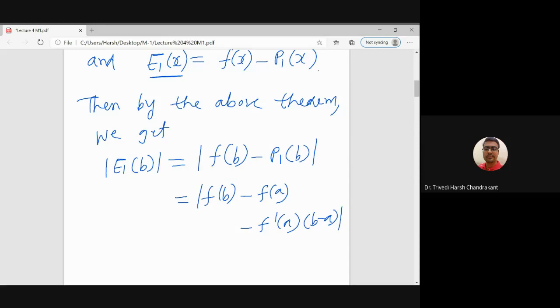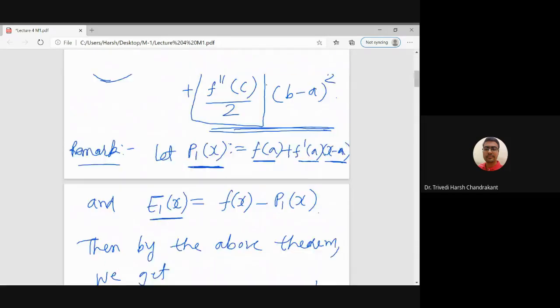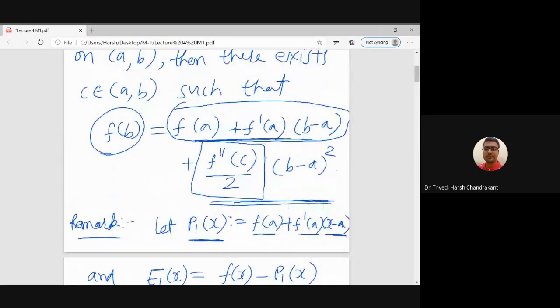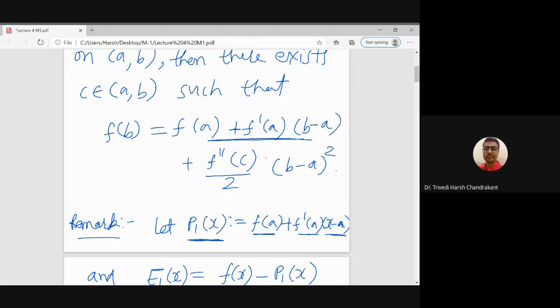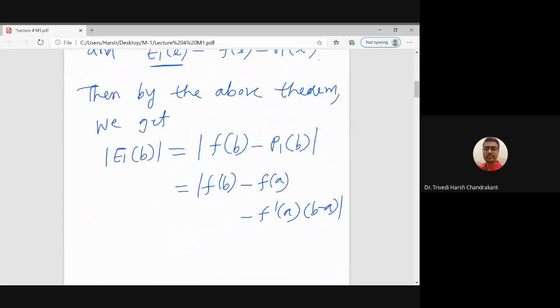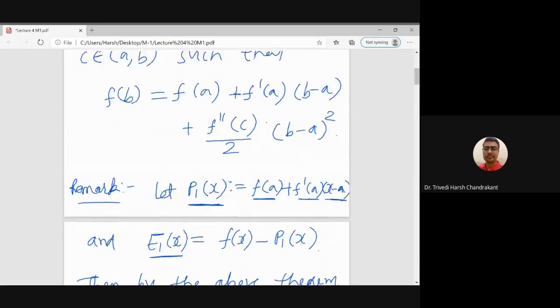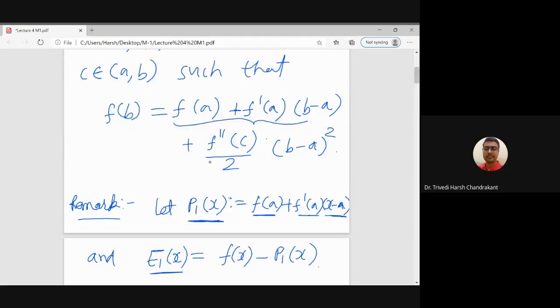So now what will we use? We will use the extended mean value theorem. So let us go to the extended mean value theorem. So what it says is, you are right, I made some mistake there. There will be b only there. So what is our term? Our term is f of b minus f of a minus f dash a into b minus a. What is this term? This is basically f of b, and all these terms we are taking to the other side, so these terms will be negative.